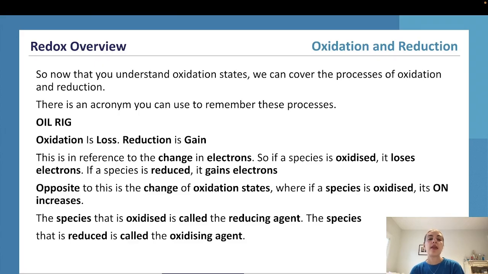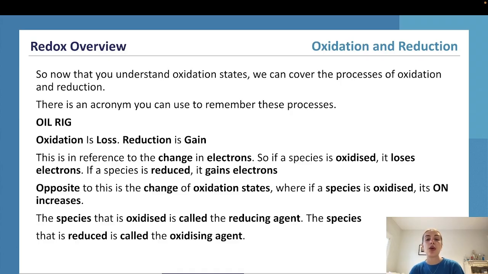And so this is basically these values, as I already mentioned, are referencing the change of electrons which occur in a redox reaction. So basically, if a species is oxidized, it loses electrons, whilst if it is reduced, it's going to gain electrons. And then opposite to this is a change of oxidation states.